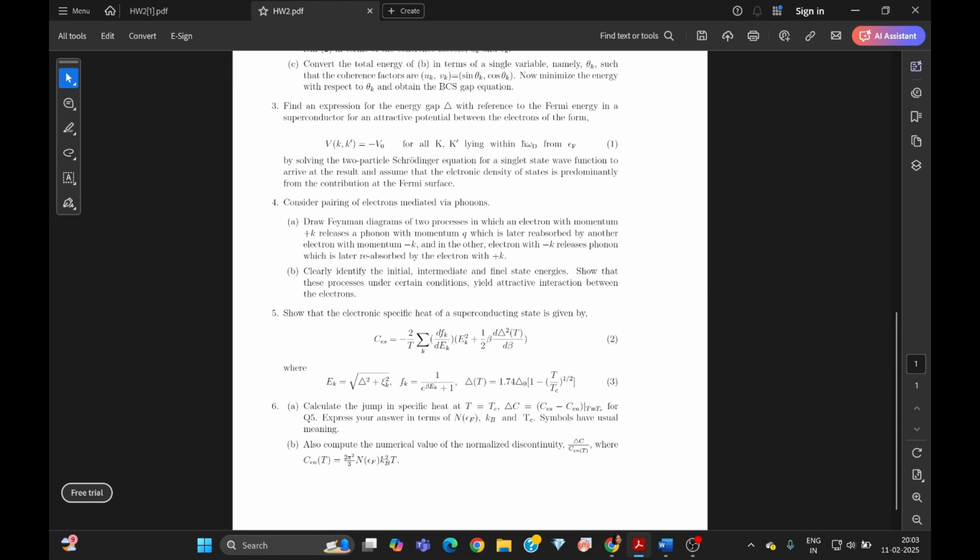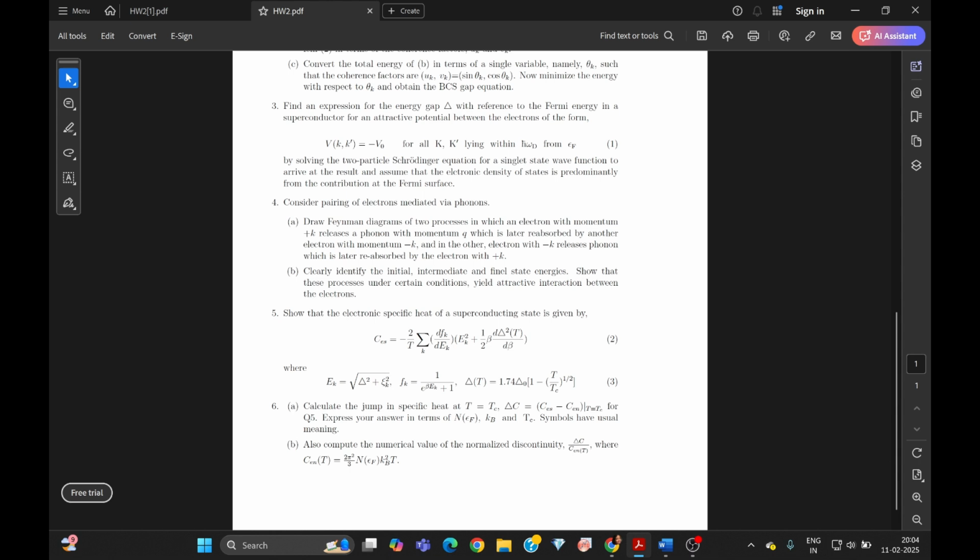Now, when T equals Tc, the difference between the superconducting and normal specific heat, delta C divided by C in Tc, has the value 1.43, right?